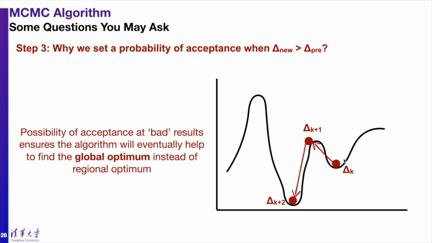We may first get to the point that has worse results than the previous one, and then we can eventually find the global optimum. If we do not give a chance of acceptance to those so-called bad results, we may easily get trapped in a local optimum, which apparently is not what we desire.